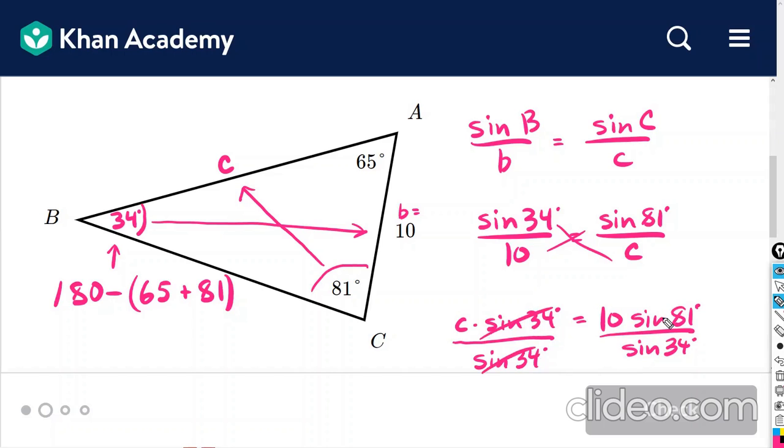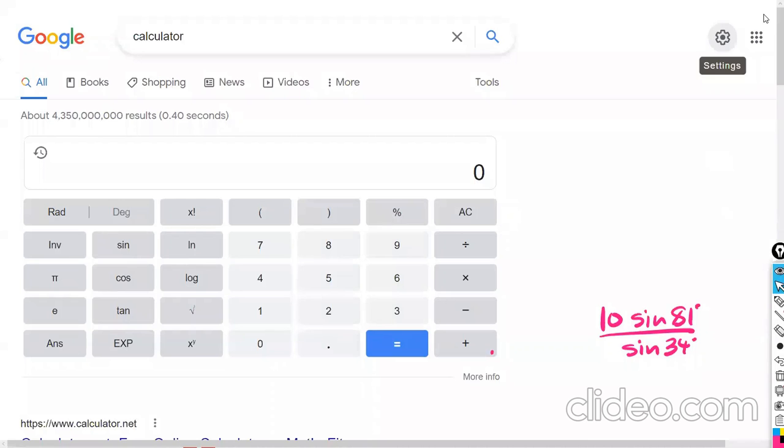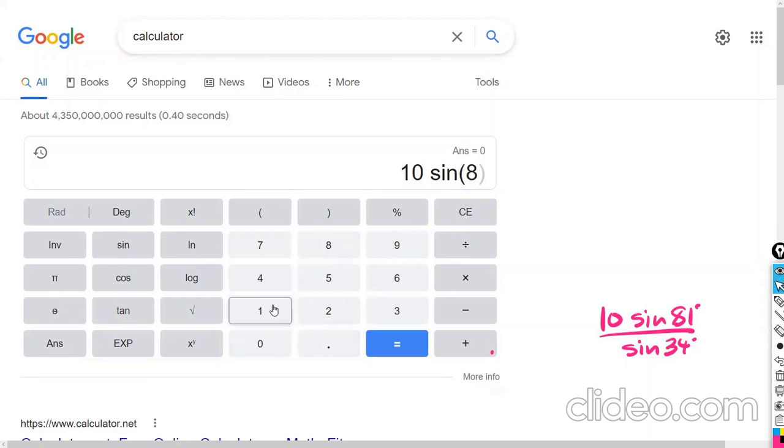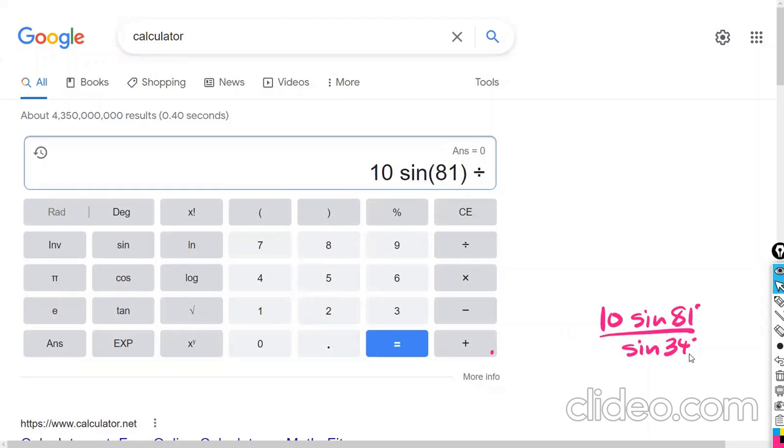And we're just going to do this on the calculator. Make sure you're set to degrees. Okay, so I'm going to click degrees, make sure DEG is in boldface. 10 sine of 81. You can put 10 times sine of 81, but you don't have to. Okay, close the parentheses, 10 sine of 81, and then divide it by the sine of 34.